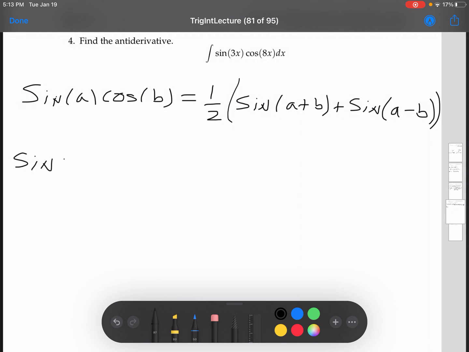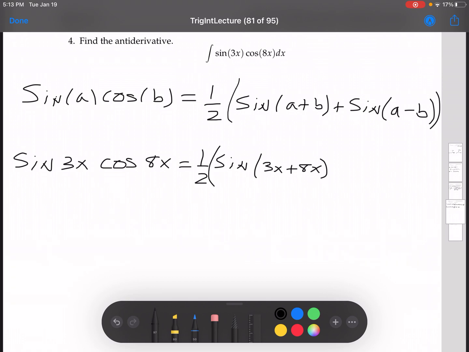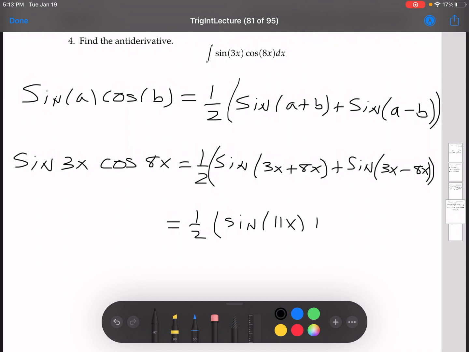So let's see, sine 3x cosine 8x is going to be 1/2 sine of 3x plus 8x, plus sine of 3x minus 8x, which is 1/2 sine 11x plus sine of negative 5x.